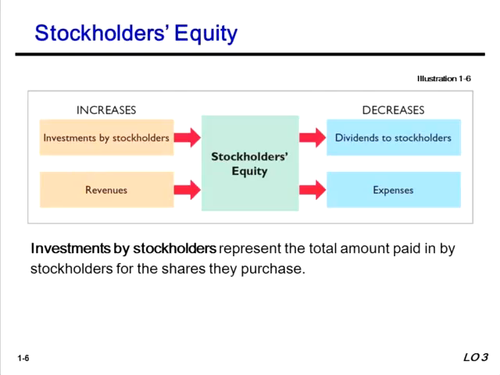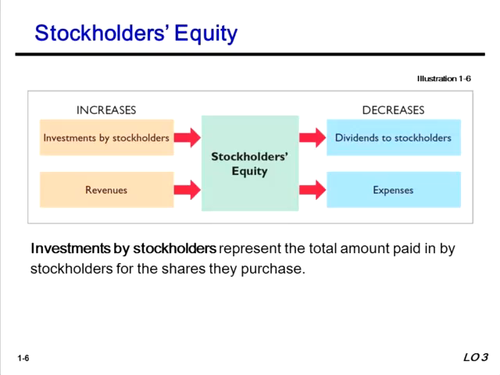We're going to take this one step further. We're going to look at stockholders' equity. And this is important to bear in mind. Things that will cause stockholders' equity to increase: investments by stockholders. So in other words, stockholders buy stock. So that's known as paid-in capital. Revenues will cause stockholders' equity to increase. Expenses will cause stockholders' equity to decrease.